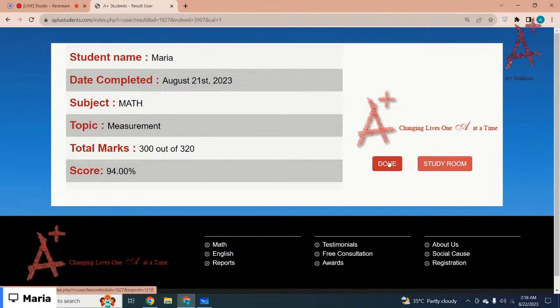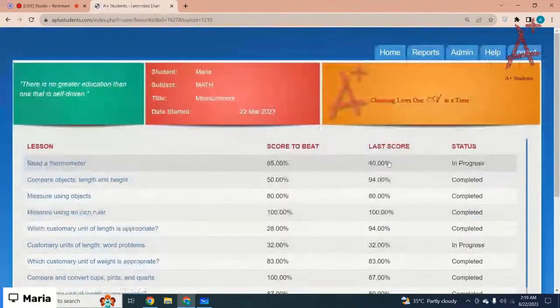Okay, let's just start with the next lesson. The next lesson is measure using objects.